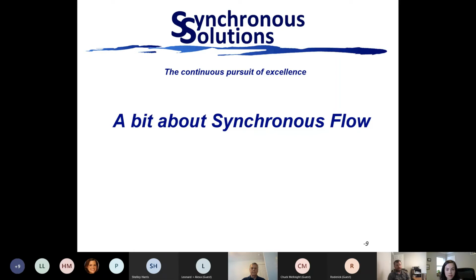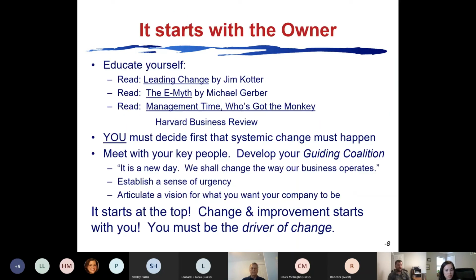Yeah, I just had one about developing that coalition. I guess my question is, what first steps do you take? You have to get to a critical mass, I think, of people who are willing to undergo that change before you can really make some progress.